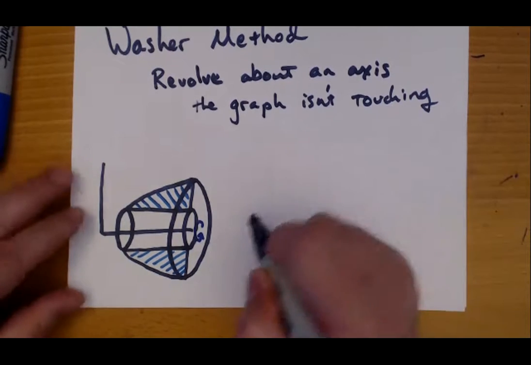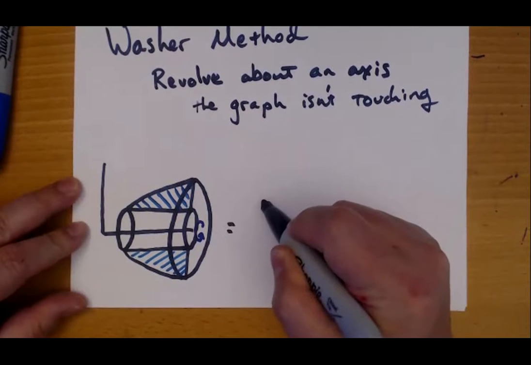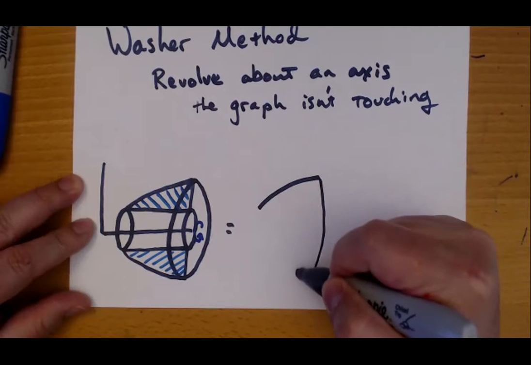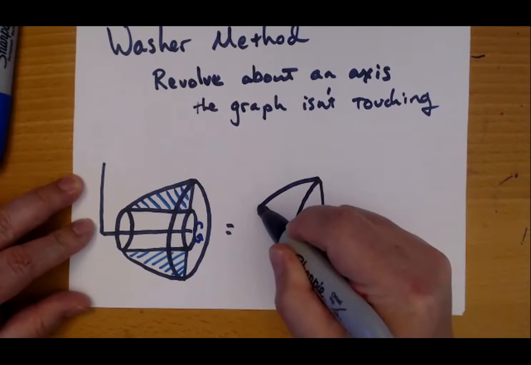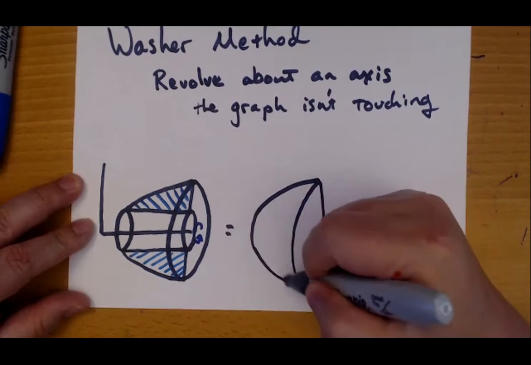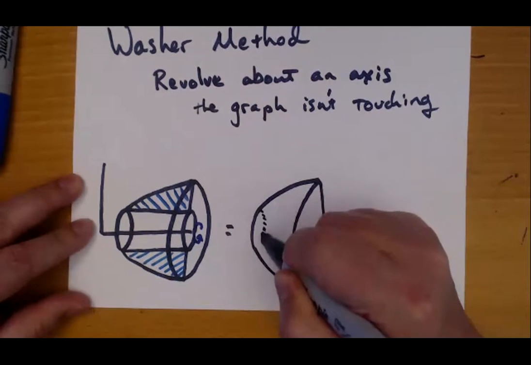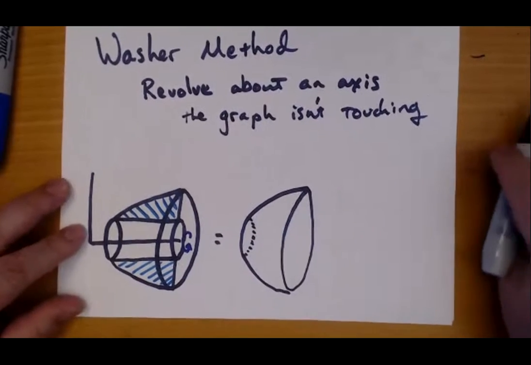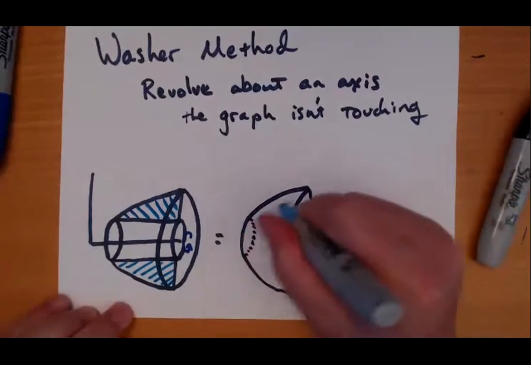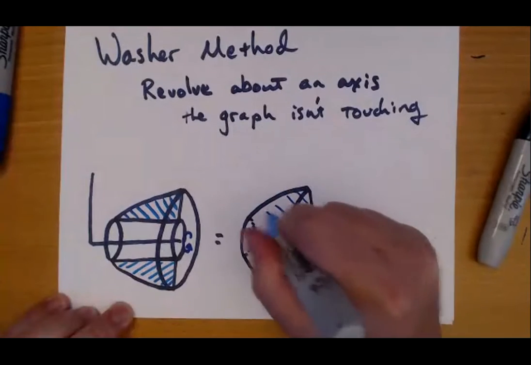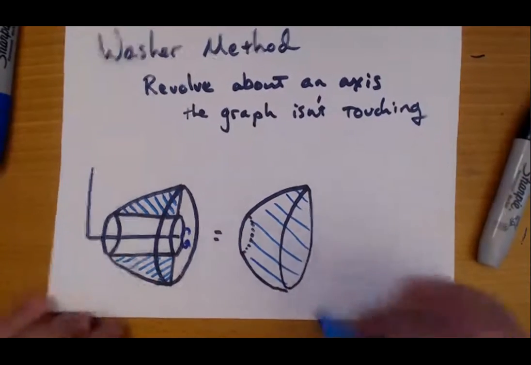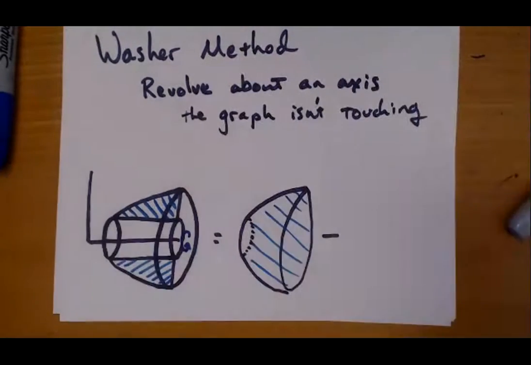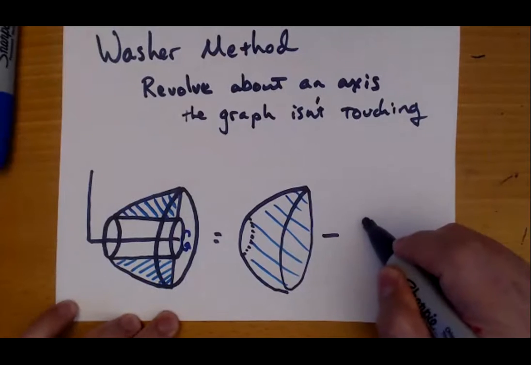You would make the outer shape, you would make it solid, and then you cut out, using a drill, the core.